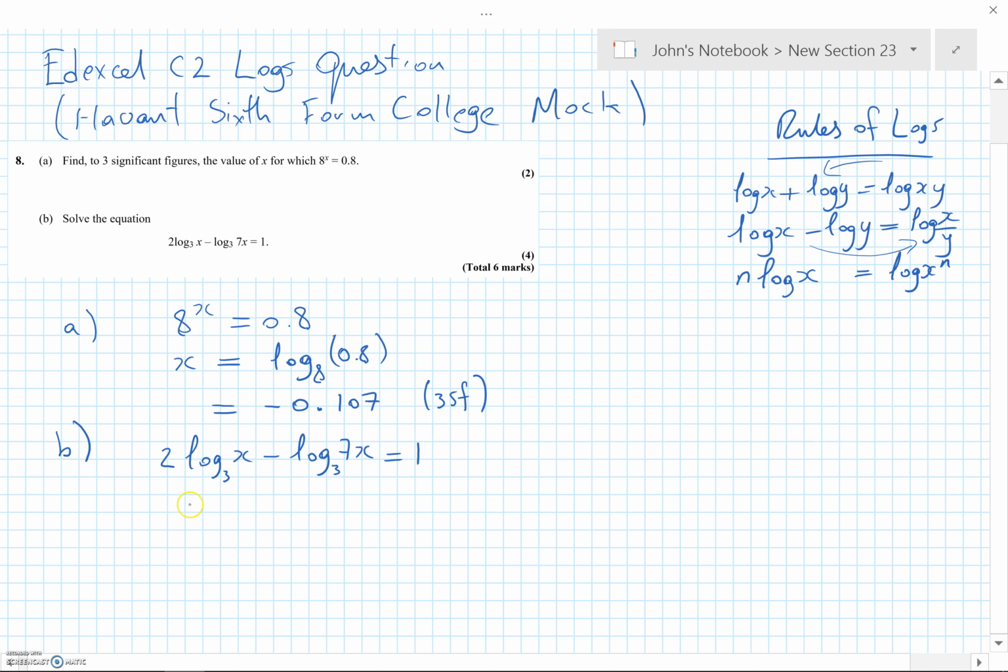Here we're going to use this rule to write that as just the log of something. And then we're going to use this rule.